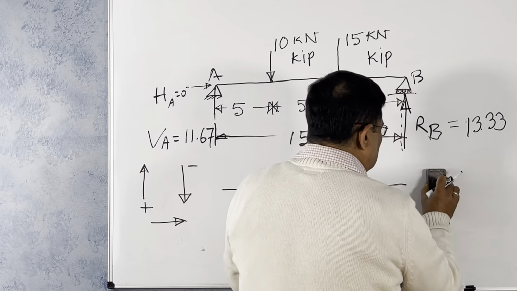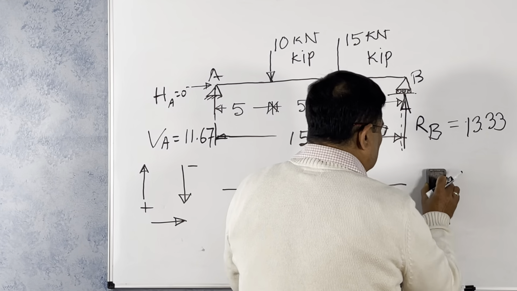This force is positive because we are considering from left to right. So it is going up, taking it to the positive direction, negative 13.33 plus 13.33, so it will be 0. That is, it merges with the baseline. This part is negative, this is positive. This is your shear force diagram.